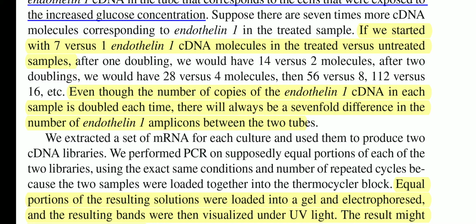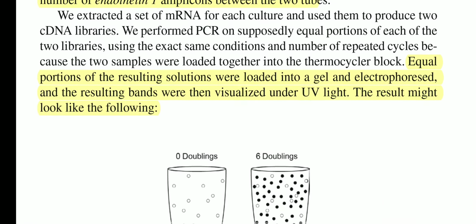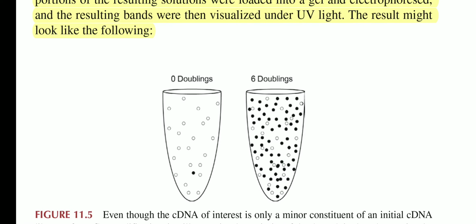So we have designed a primer complementary to our desired gene, so only that cDNA will replicate here. Okay, so after this we will get this kind of picture before doubling, and after doubling we can see a particular black dot, which is our desired endothelin 1 gene cDNA, amplified up to this much.